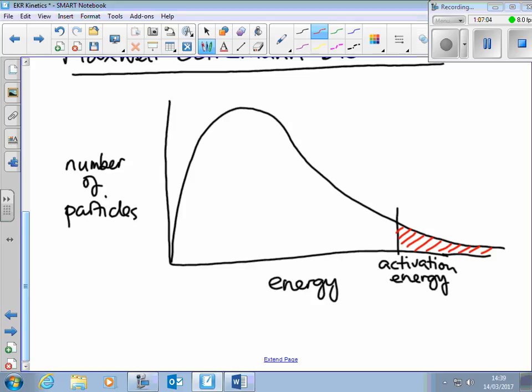And you've got labels that go with that. They're not terribly clear. They haven't copied very clearly. So here we've got not enough energy to react. If you added up all the particles in that bit, they wouldn't be reacting.